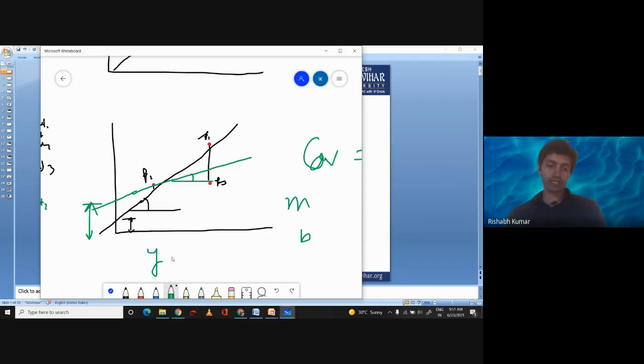Our equation was, if you remember, y equal to mx plus b. One line differs from the other by its slope and its intercept. So for the line of best fit, we are finding the slope and its intercept. That is what we are doing.